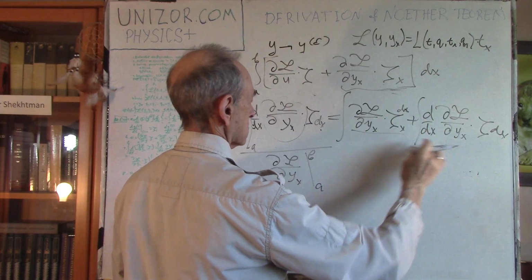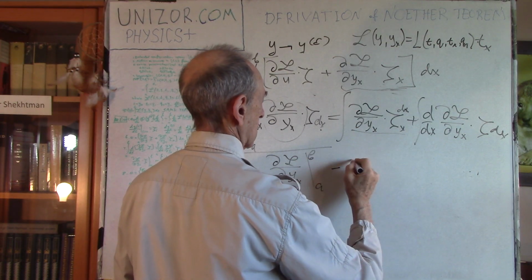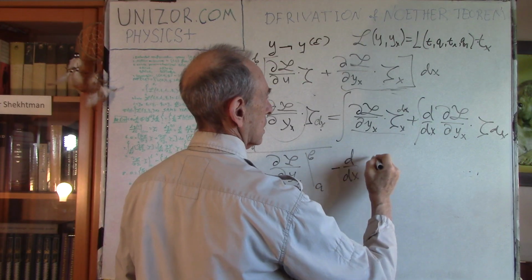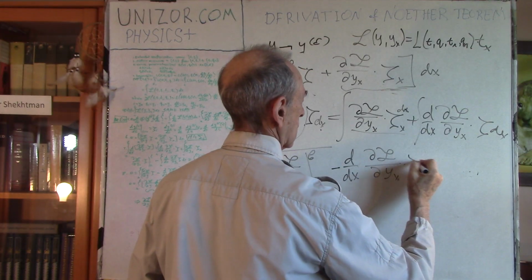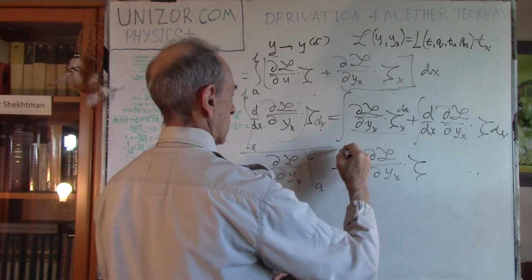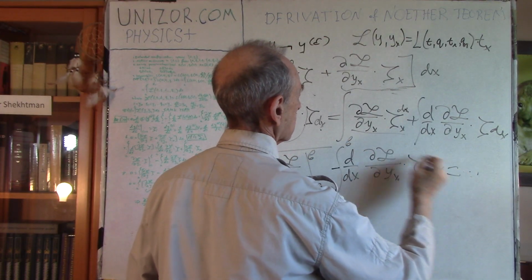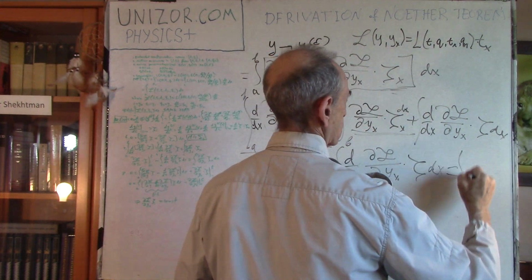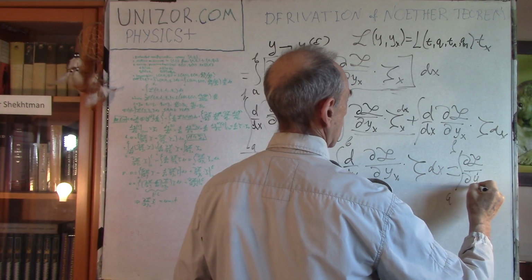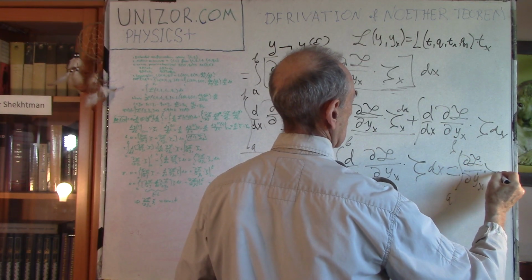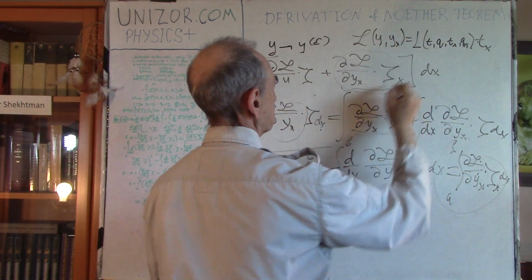I will put minus d by dx of dl by dyx times zeta, integral from a to b dx, equals this, which is integral from a to b of dl by dyx times zeta x dx, which is this piece.